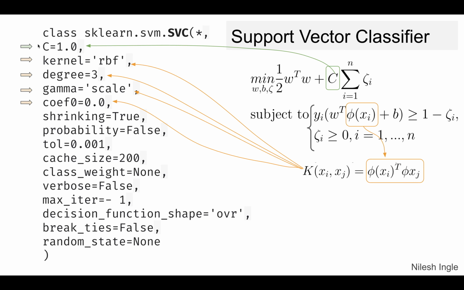Then the C is the C that we have here, the regularization parameter. So you can set a value for that. If you are doing a grid search CV, or cross validation, you can put a range of these values to change the width of the margin, and then change the threshold of misclassification for each of those data points.